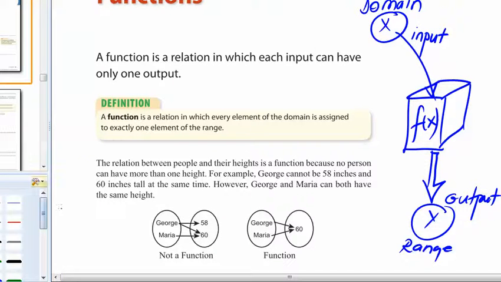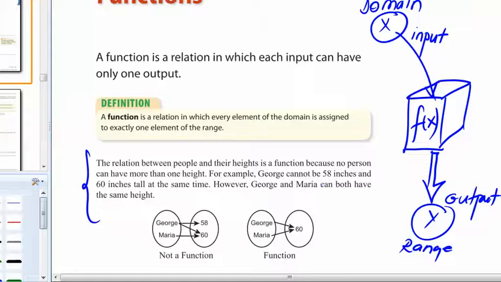And you are able to see, hopefully checking your manual, here you have the example with people's height. No person can have more than one height. And here we have to add in parentheses that we're talking about the same point in time, because as we know, especially for your age group, you will definitely have a different height at a different time.